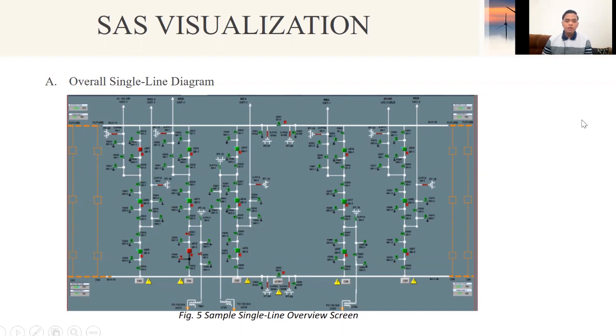Number one is the overall single line diagram. The main screen of the HMI shows the single line diagram of each voltage level, for example 150 kV. The diagram presents the open or closed status of the equipment, for example circuit breaker, isolator, earth switch, and line or bus potential transformer. It also shows the voltage and frequency of the various buses and names and numbers of transformer, incomer, bus section, and bus couple bays.